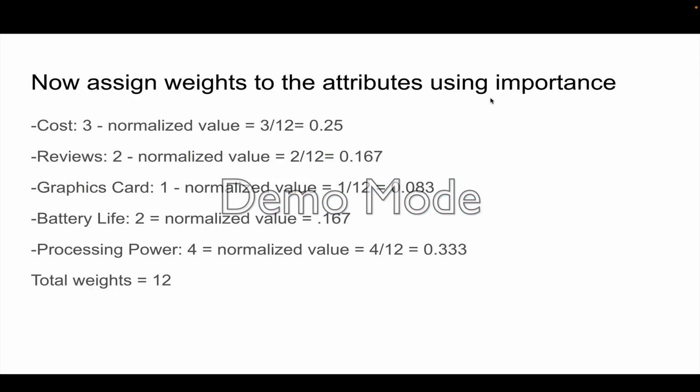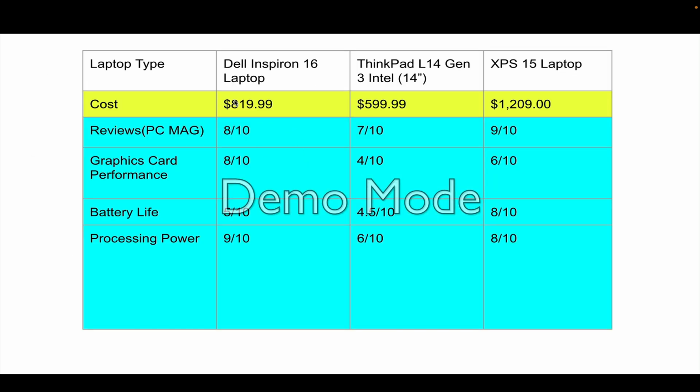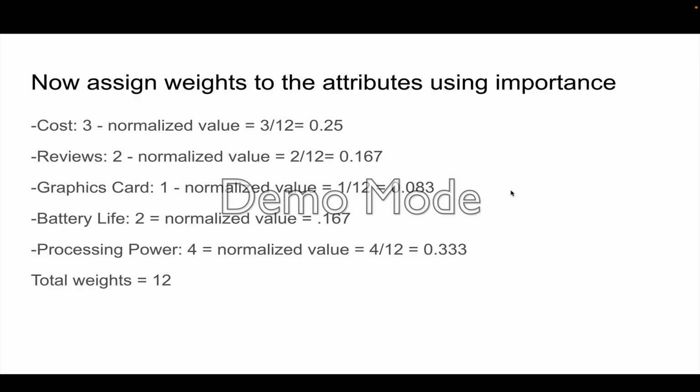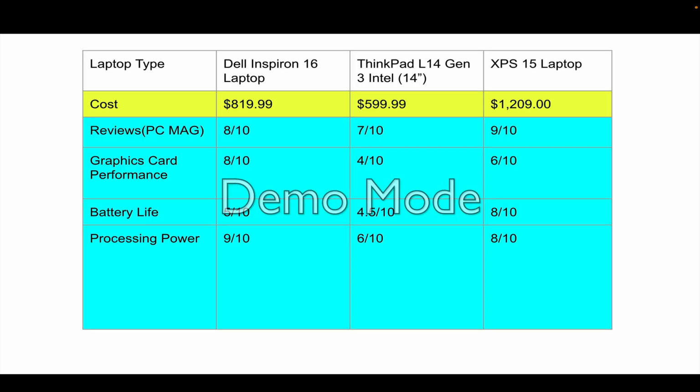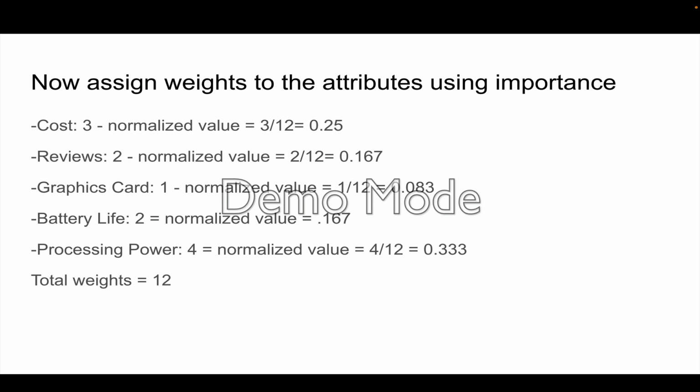So then after I did that, I calculated the weights, and I did that by essentially summing all of these. So I gave them all a weight here.